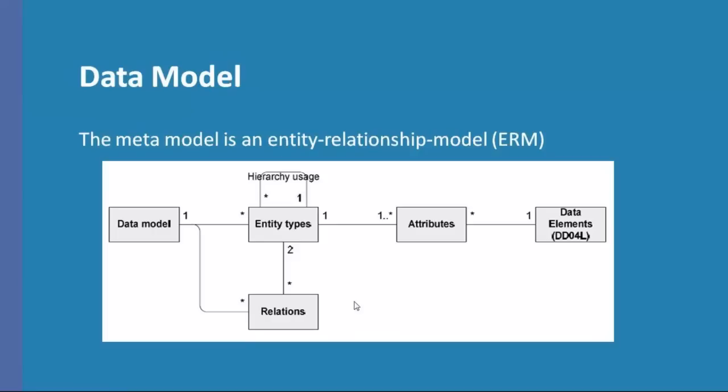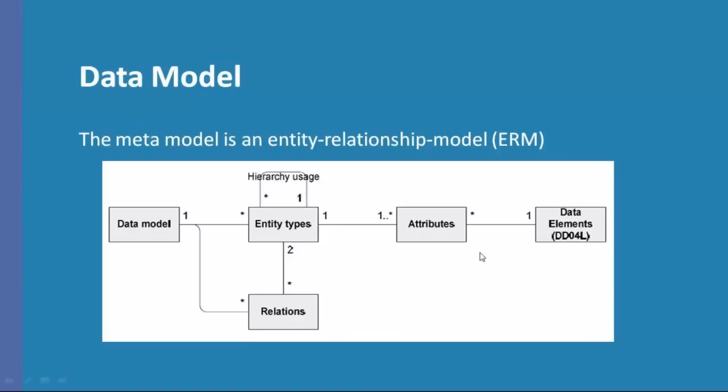If I create a proper relation, there will be a material basic data entity type. The basic data entity type will have a relation with material sales and material plant or purchase, whatever. So that will be a proper relation with the different entity types.